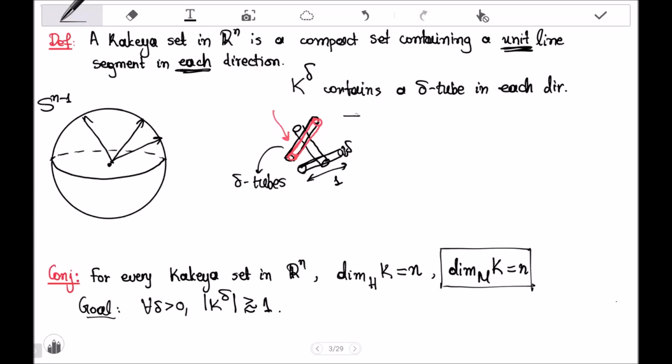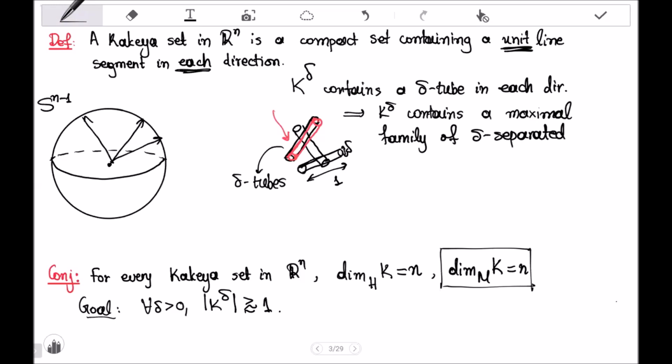So the useful thing for me is that K delta contains a maximal family of delta separated delta cubes. By delta separated, I mean that the angle between any two of them is at least delta, the cross-section width. And this information should be able to help me to show that the union of these specific cubes is big, because they actually point in different directions.